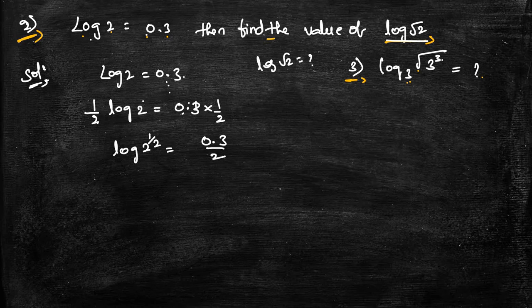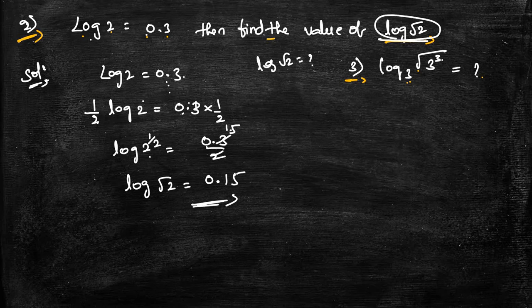We can write log 2 power 1 by 2 as log root 2, which is equal to 0.15. So this is the answer. He is asking us to find the value of log root 2: 0.15.